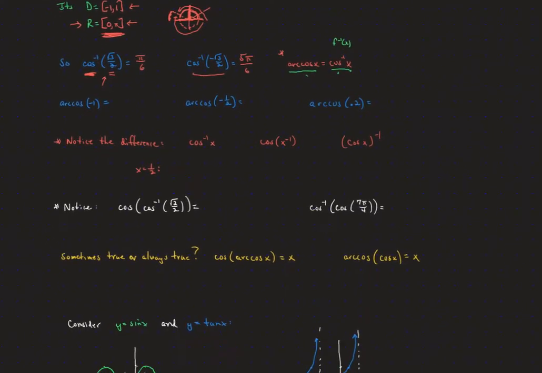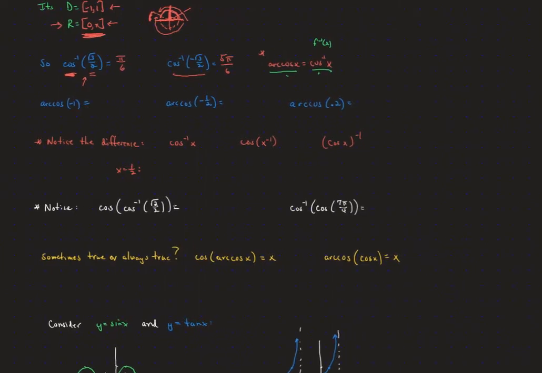Okay, let's see how we're doing here. Can we figure out what the inverse cosine of negative 1 is? Remember, in a cosine function, you input an angle and you output a number between negative 1 and 1. In an inverse cosine, we're going to input a number between -1 and 1, and we're looking to output an angle.